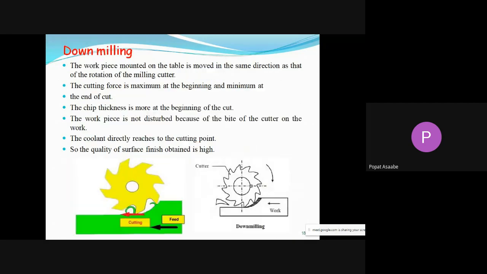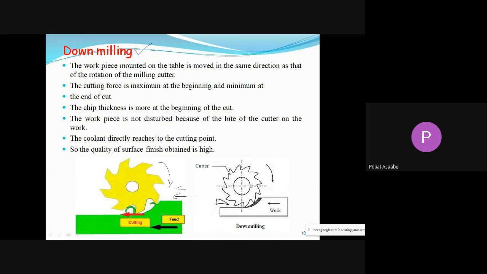Then we come to down milling. What is meant by down milling? Here in down milling, the direction of your cutter and the direction of your workpiece feed are both the same. That time it is called down milling.